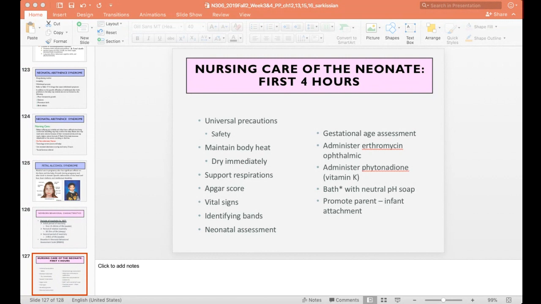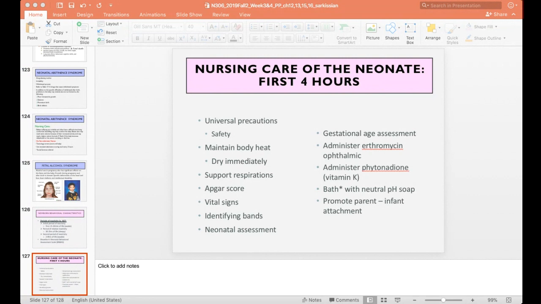The rest of the chapter, which I didn't cover, has the newborn assessment. I want you to go through it. There's a lot of pictures and explanations for why we do what we do, okay? Kind of know how many wet and stool diapers we need, right? How to do the neonatal assessment.